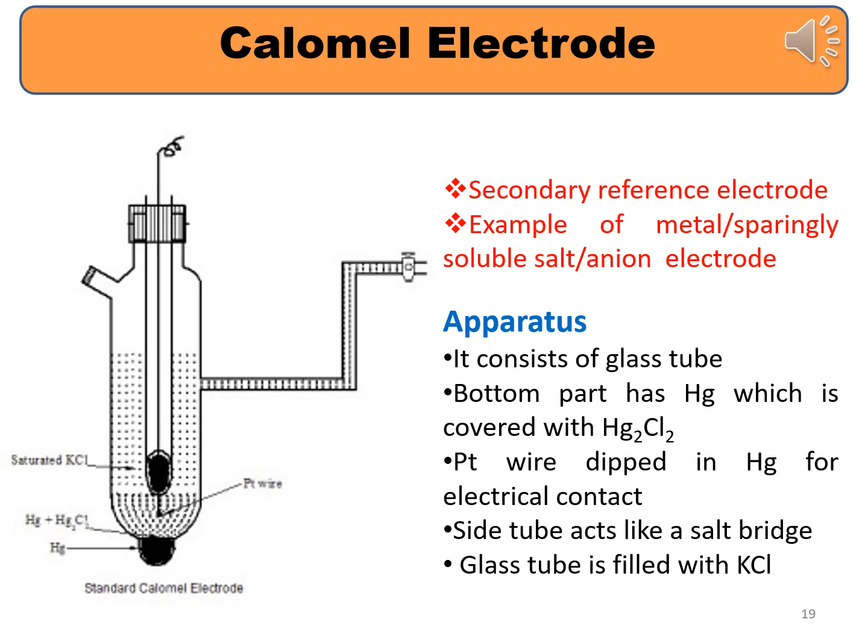At the bottom, there is a small amount of mercury. This is covered with a paste of solid mercurous chloride, which is further in contact with a solution of KCl. And there is a platinum wire dipped in the mercury layer for making the electrical contact. The side tube present in the calomel electrode itself acts like a salt bridge.